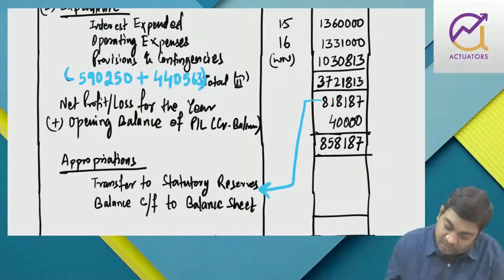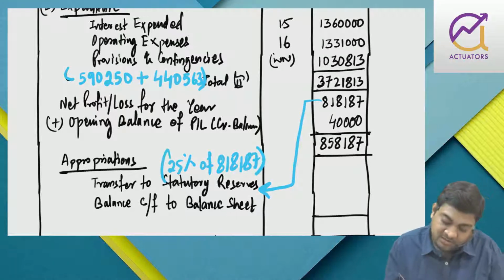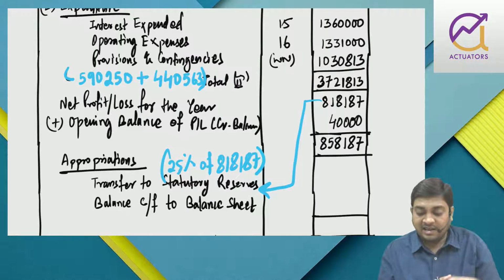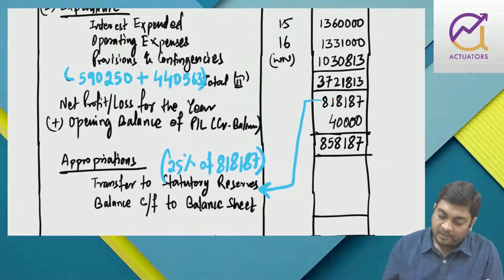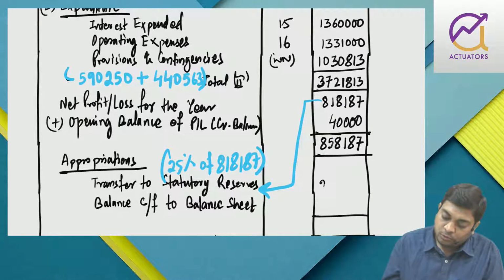Now net profit into 25% of 818,187 will be transferred to statutory reserve mandatorily. That is 204547.